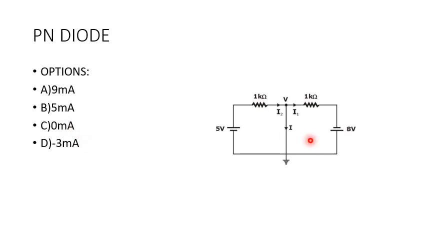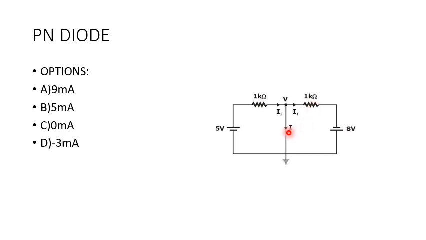Now we'll work on it. Since the diode is ideal, I made it a short circuit. This is I. Now mark this as I1 and this as I2. What is the current I2? It is 5 by 1 kilo ohm, which is 5 milliamps. And the current I1 is 8 by 1 kilo ohm, which is 8 milliamps.